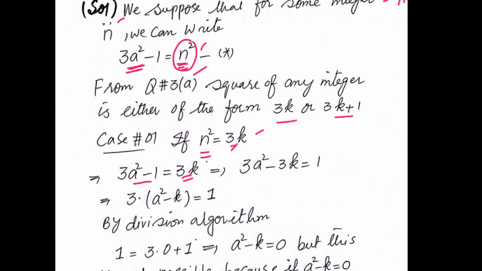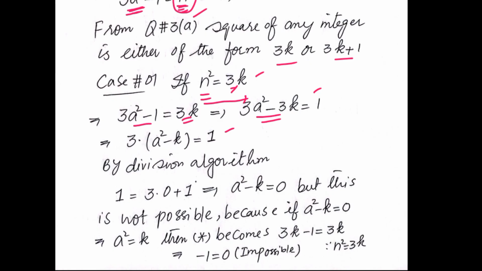This equation can be written as 3a^2 minus 3k is equal to 1. By taking 3 common from these two terms, this can be written as 3 into a^2 minus k is equal to 1. By Division algorithm, we can write 1 as 3 into 0 plus 1. If we compare these two equations, we have a^2 minus k is equal to 0.